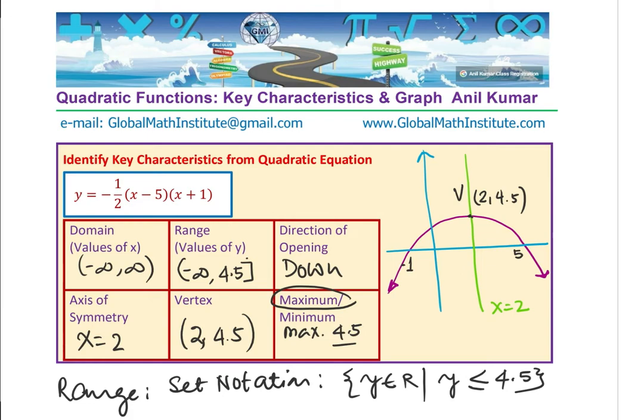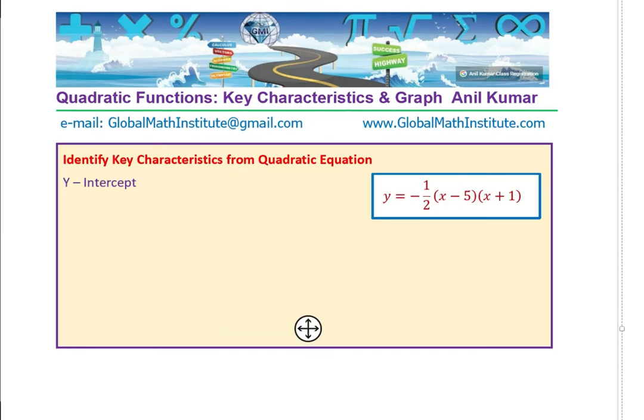What you really don't know and which you want to find is the y-intercept. Makes sense, right? The y-intercept. So what is the y-intercept and how do we find that? Well, to find the y-intercept, what should we do? Well, the y-intercept is the point where the graph crosses the y-axis.